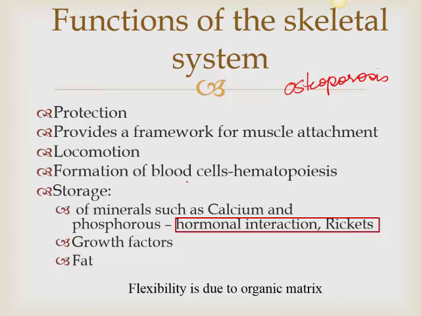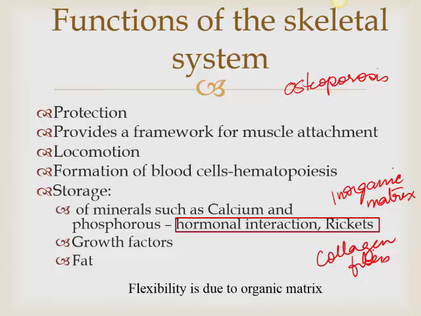And when you look at bone in the lab, it looks hard, and you can't bend it, you can't really flex it. However, bone consists of calcium, phosphorus and other salts, and those are inorganic salts which form what is called the inorganic matrix. But bone also has collagen fibers in it, because bone is connective tissue.